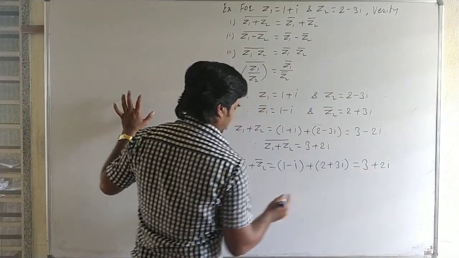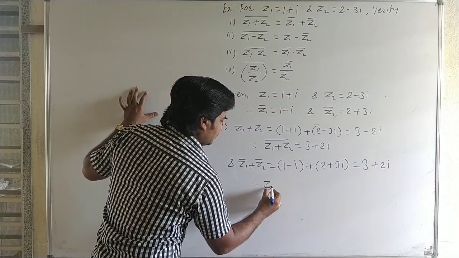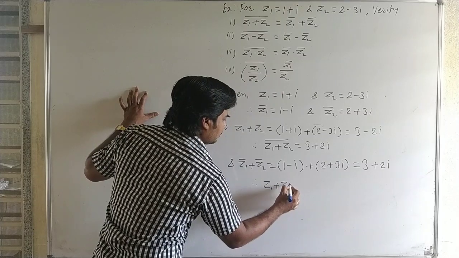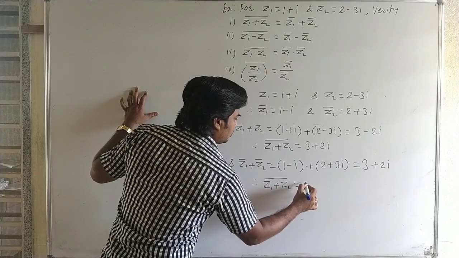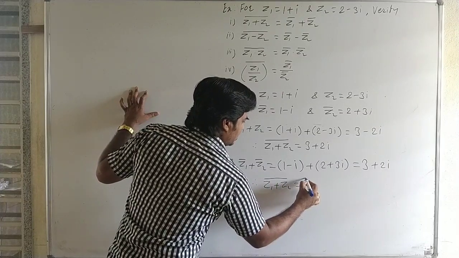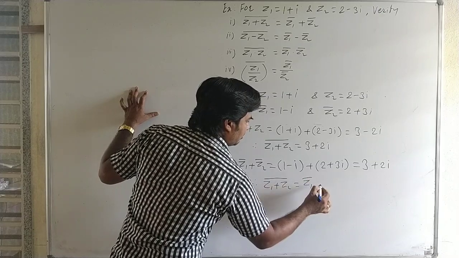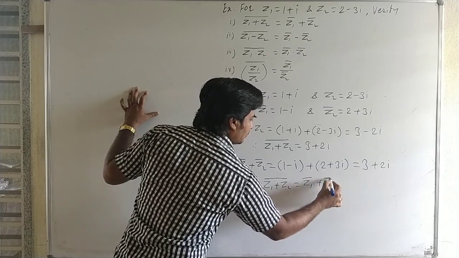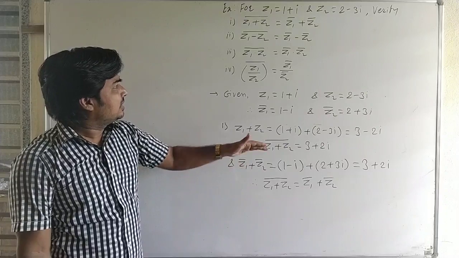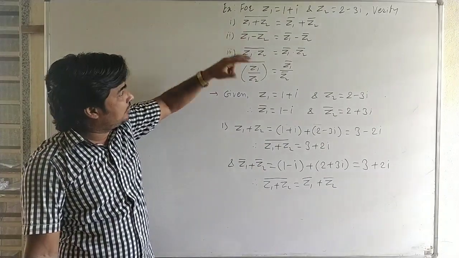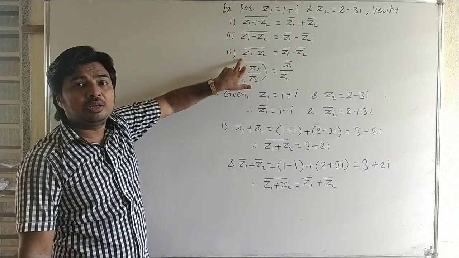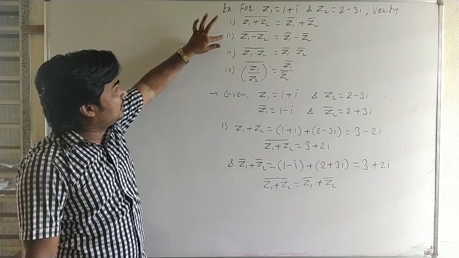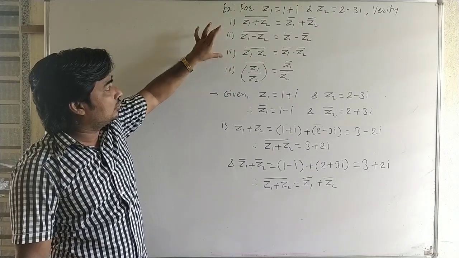Both are equal. Therefore we can write conjugate of z1 plus z2 is equal to z1 bar plus z2 bar. Okay, similarly prove subtraction, same as the multiplication. Okay, examples number 2 and 3 are for homework.